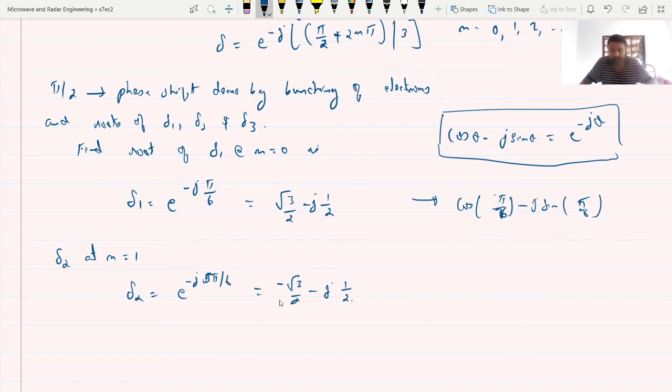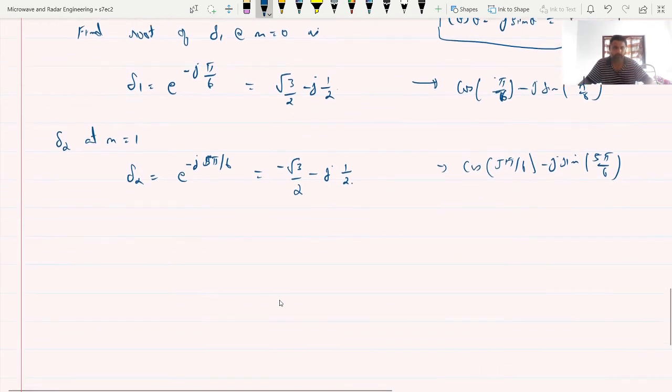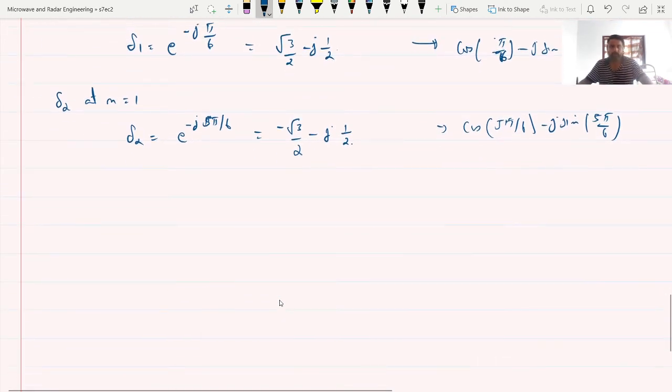Here cos 5 pi by 6 minus j sin 5 pi by 6, like that you will get root 3 by 2 minus j into 1 by 2, that is delta 2 at n equal to 1.